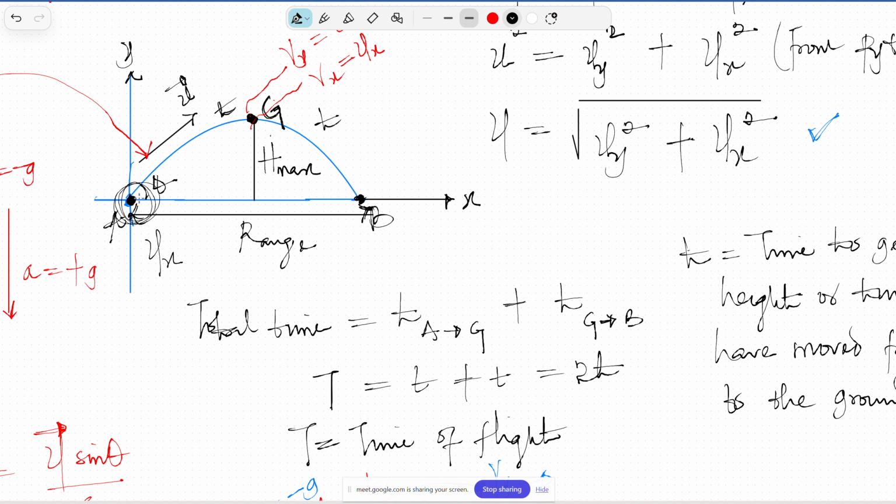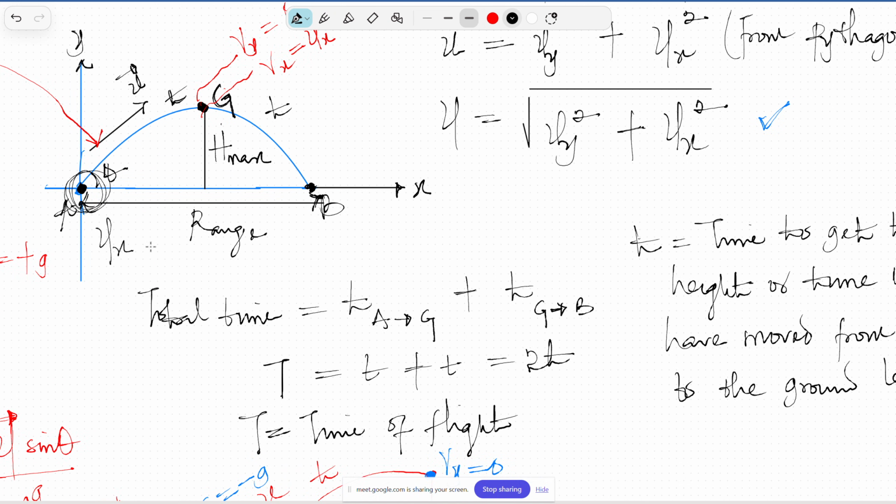Now, I've moved from here to here. How do we get this distance? Distance is just a product of velocity and time. But actually here, we should call it displacement rather than distance, simply because we have vector quantities involved.